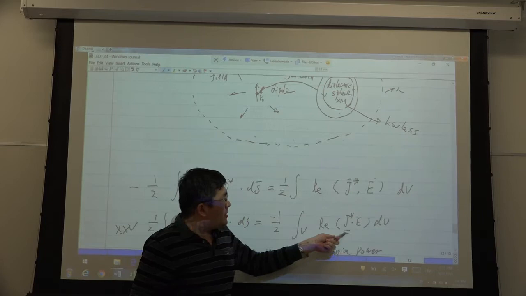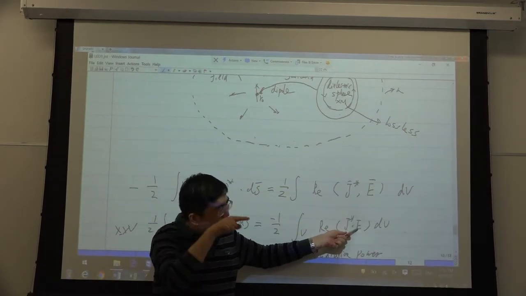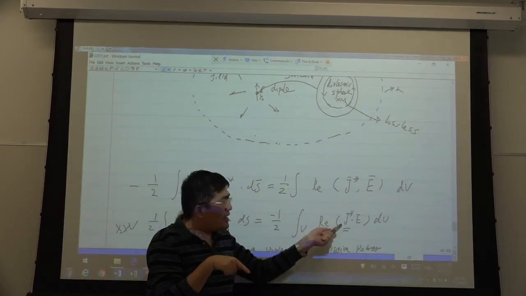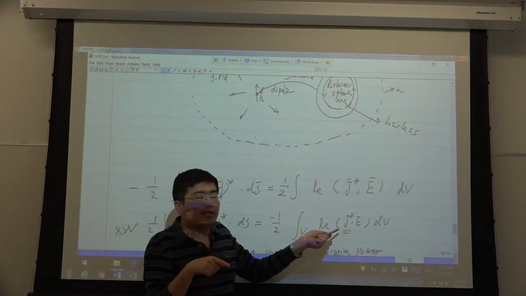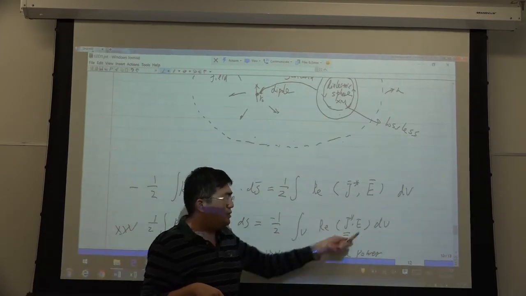So J is some delta function, delta of R minus R0, and so only the E field at R0 contributes to this integral.